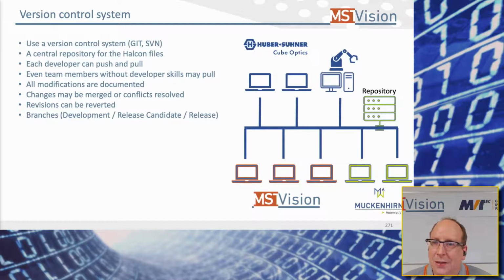In a bigger project a few years ago, we used version control for the first time, and since then we're using it always. Here it was with Muckenhörn, it was automation, and each developer can push and pull, and also team members without developer skills may pull the code.